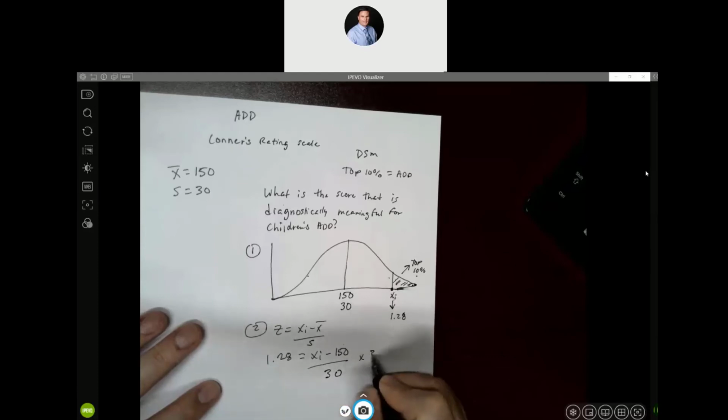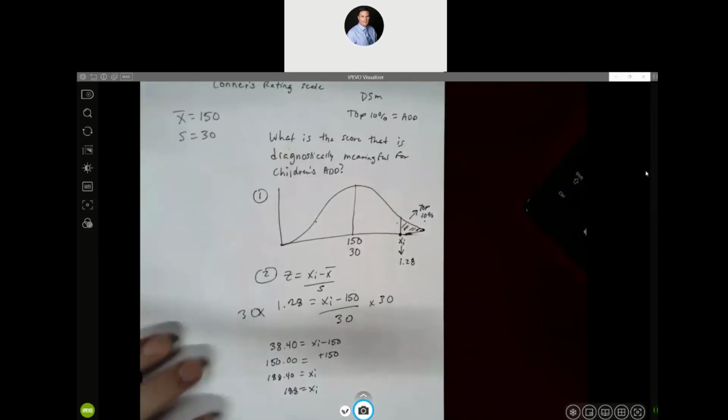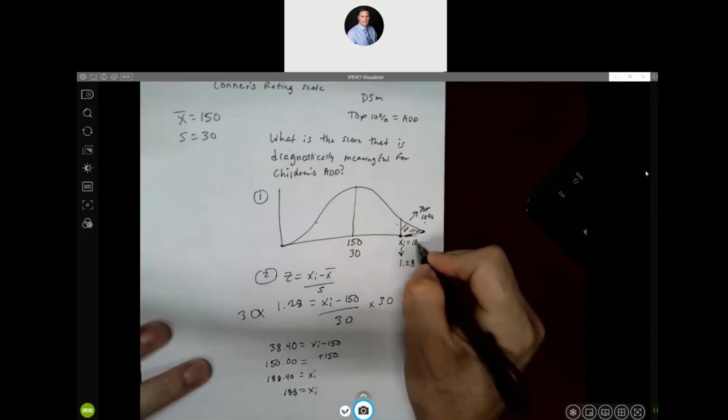So I'm going to multiply both sides by 30, and that's going to give me 38.40 equals X sub I minus 150. I'm going to add 150 to both sides so I can isolate that X sub I, and that's going to give me an X sub I of 188.40, but for diagnostic reasons we use whole values. So this X sub I here is 188.